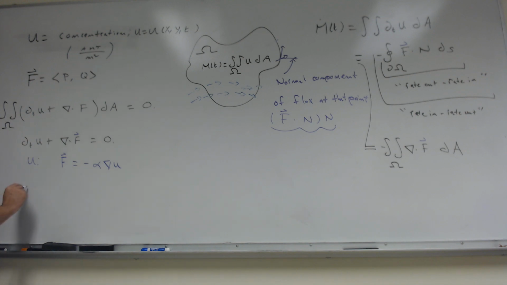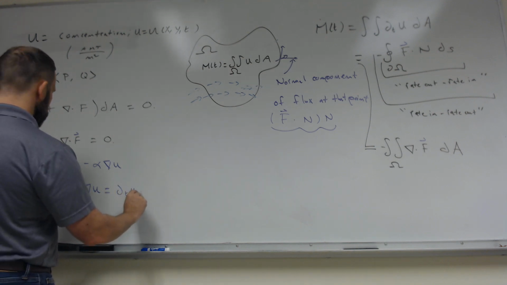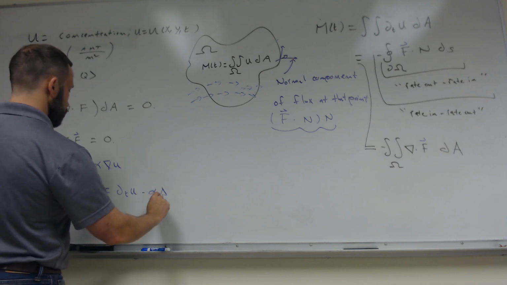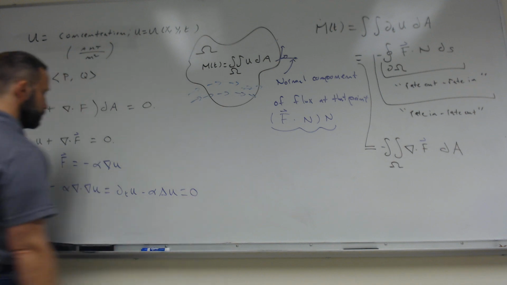In which case this becomes the t derivative of u, well, there's a minus sign, so it'll be minus alpha, the divergence of the gradient field. But we've already seen this, the divergence of the gradient field is just a Laplacian. So this is the t derivative of u minus alpha times the Laplacian of u is equal to 0.